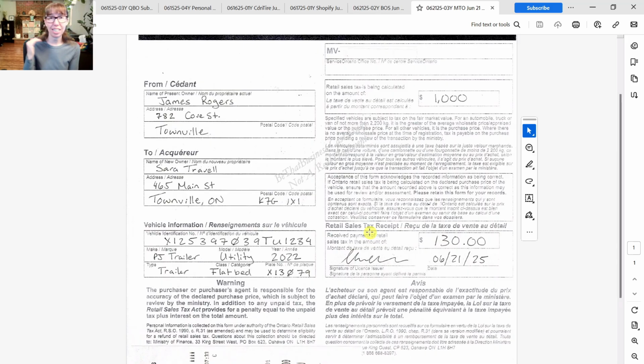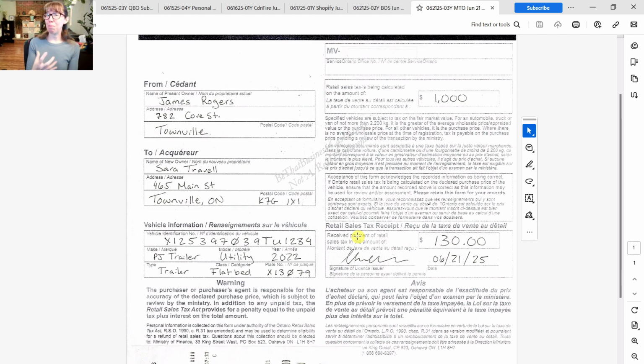This is not GST, this is not HST, this is not claimable. And this is something that a lot of people aren't aware of. Now, this is just a smaller amount. This is just a little trailer for $1,000, so it's only 130. But I have seen this happen with private sales on larger vehicles. So something that maybe is a few $1,000s in an input tax credit, that was disallowed by CRA.